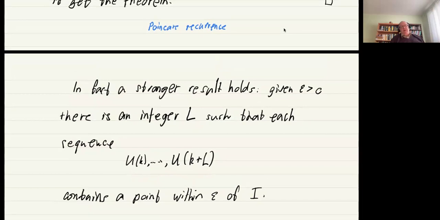So in other words, not only does it return infinitely often, but it returns at least once in each interval of length L. Now, L will be very big, okay, but the point is it does return. This is called almost periodicity.